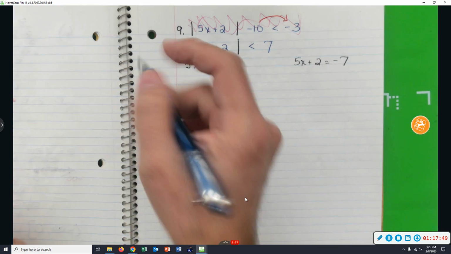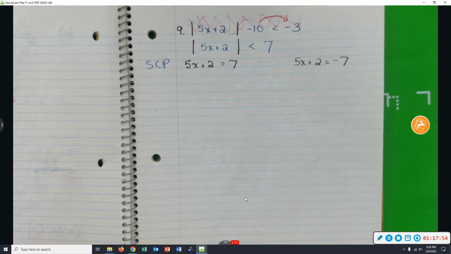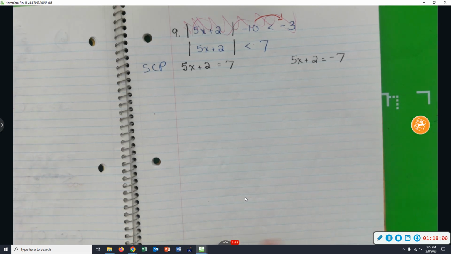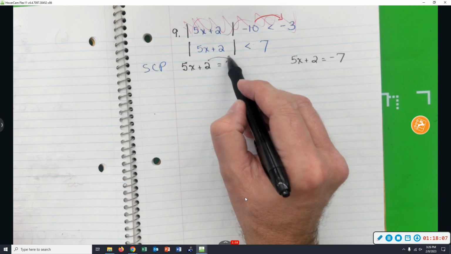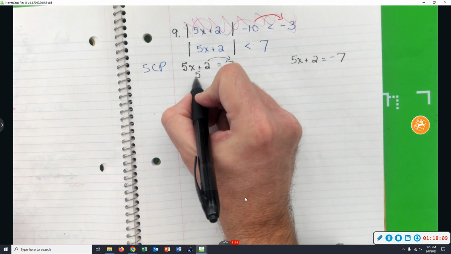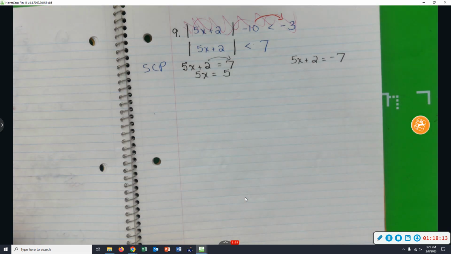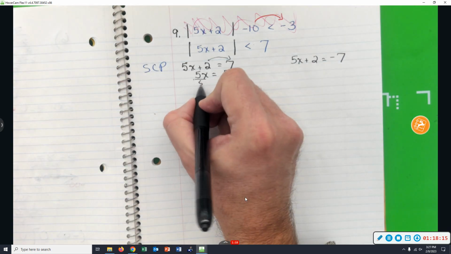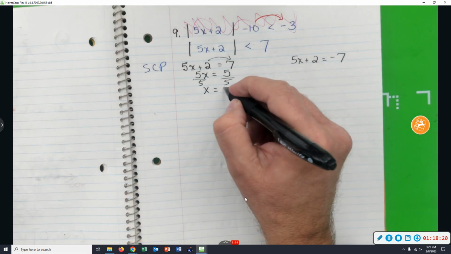What I'm doing here is finding the solution cut points. Now, do I have to do any sort of factoring here? No, so it's going to alternate. Okay? So how do I get this x by itself? I would subtract the 2, so we have 5x equals 5. Divide by 5, so my first solution cut point is x equals 1.